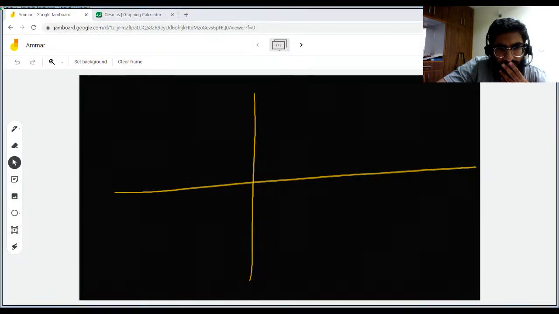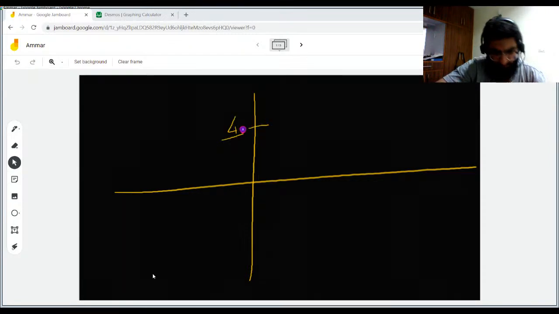So y is equal to 4 by 3. No, one will be y is equal to 2, the other one will be y is equal to 4 minus 5x by 3. So y will be 4 by 3.